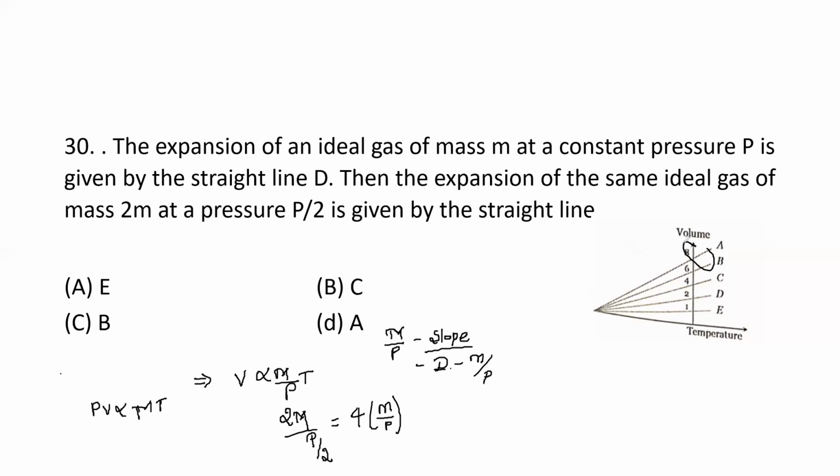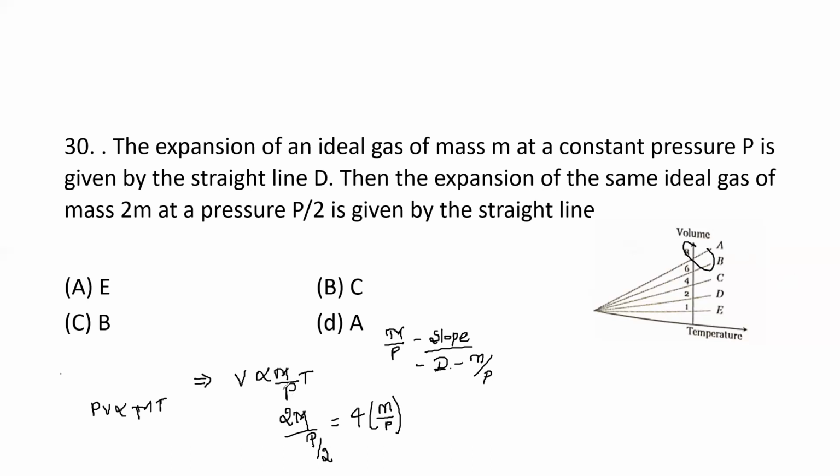That is nothing but option B. Option B is the right option, which means that when the mass becomes 2m and the pressure becomes P by 2, the straight line is represented by A.